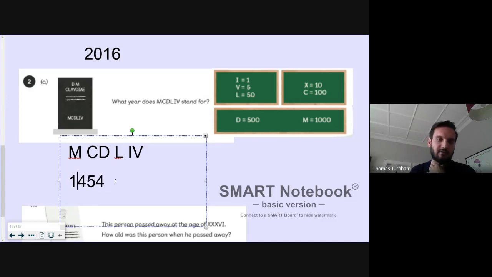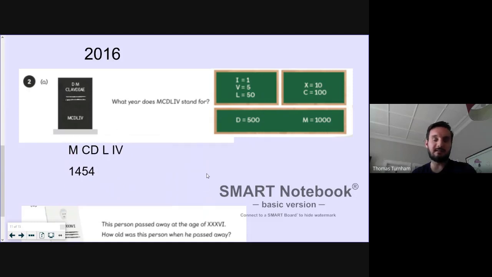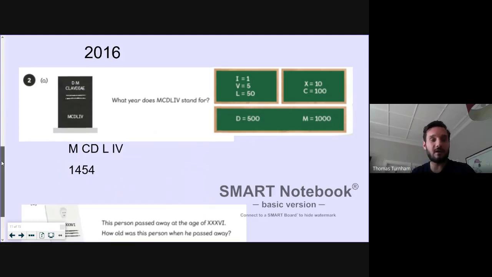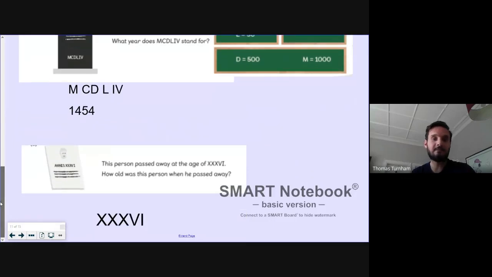And I can bring all of that together to make 1,454. It seems more complicated than it is. I promise you, it's just a case of practicing this. So at the end of today's lesson, if you're still not feeling confident, I am going to ask you just to have another try at practicing.